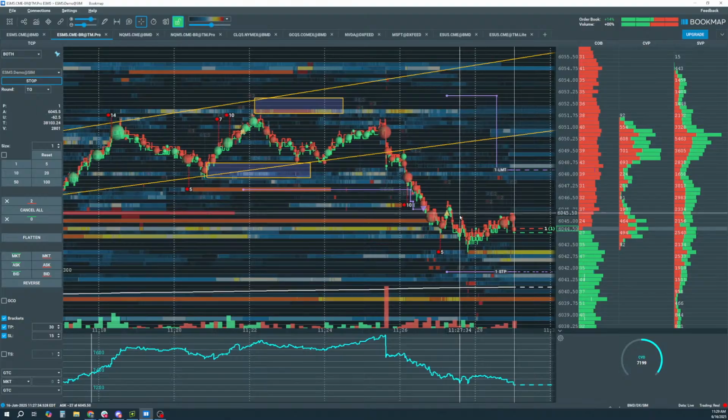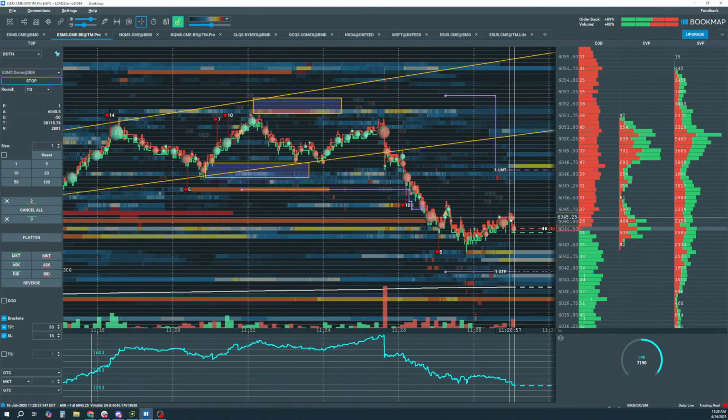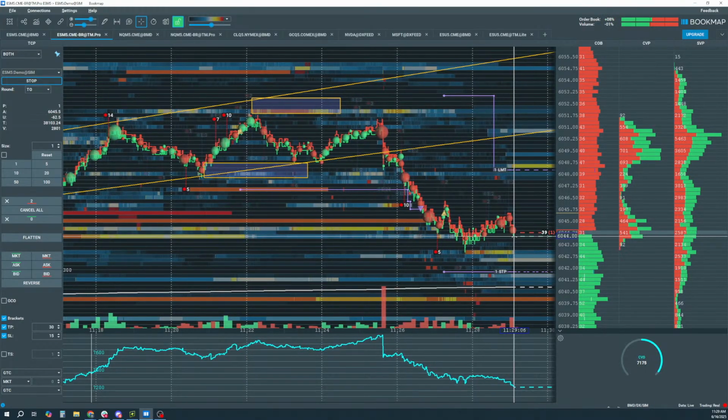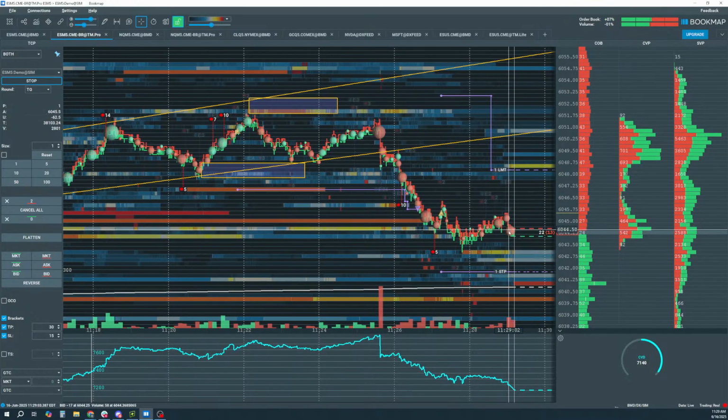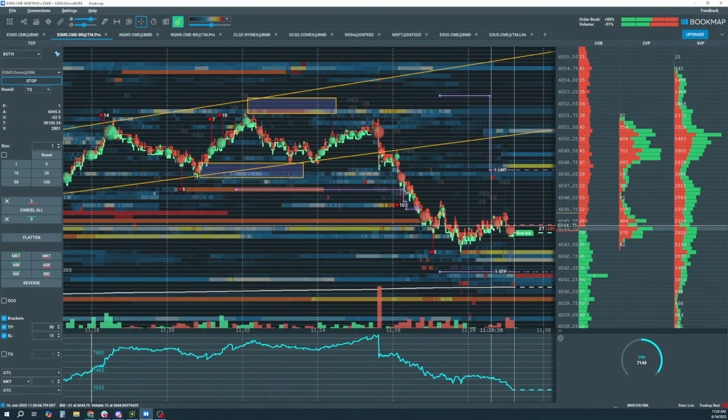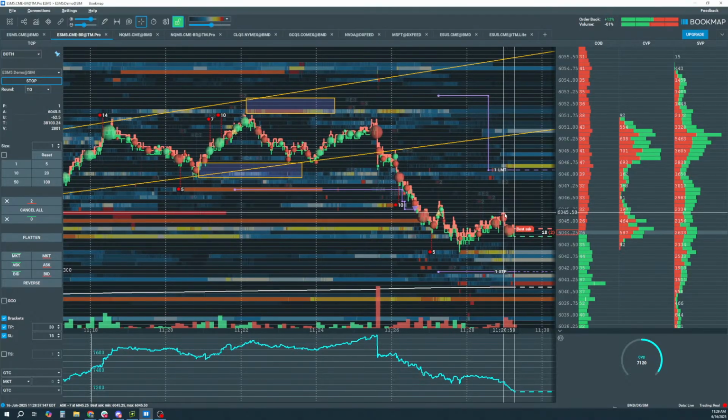And let's see here. So the test up to here and no buyers. Okay, swing back down and sellers. So not looking good. Got to get back up here and we got to get our buyers.